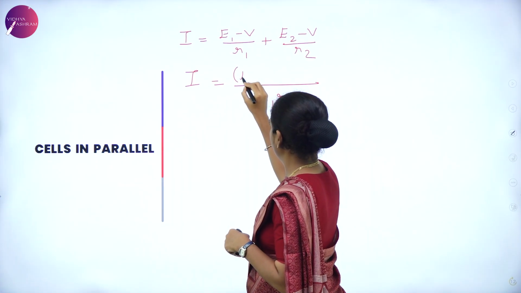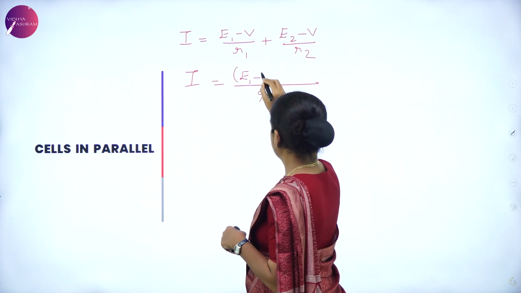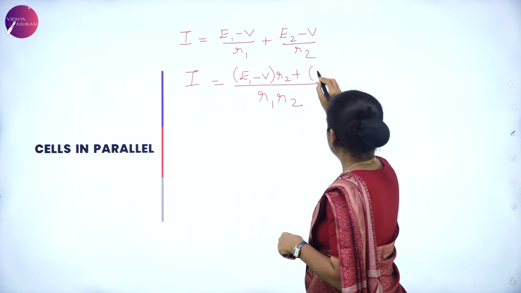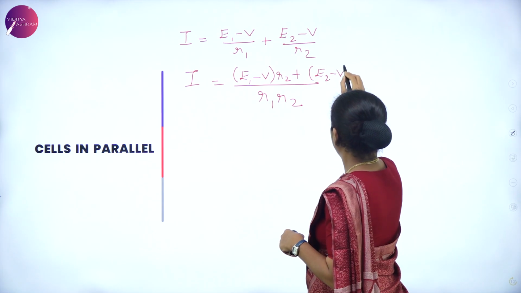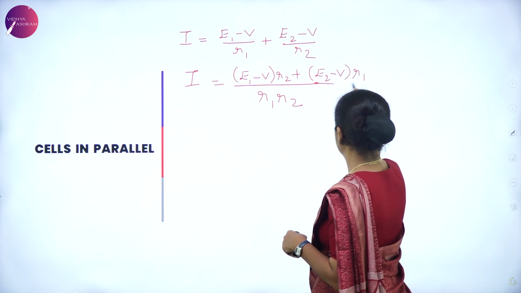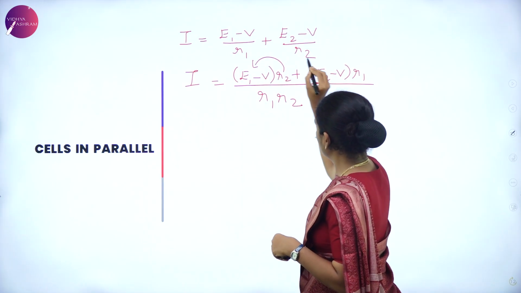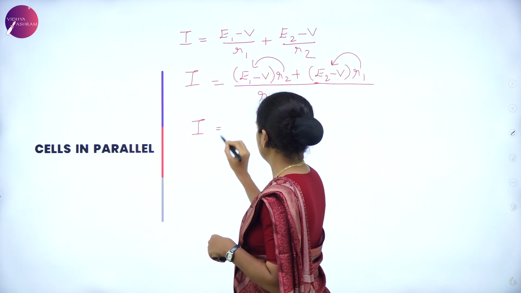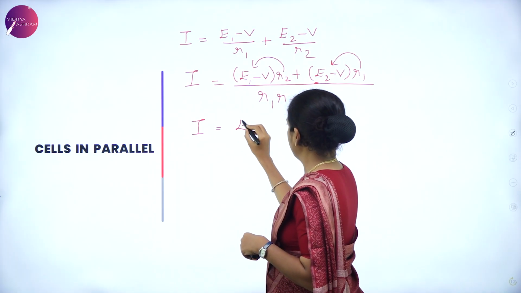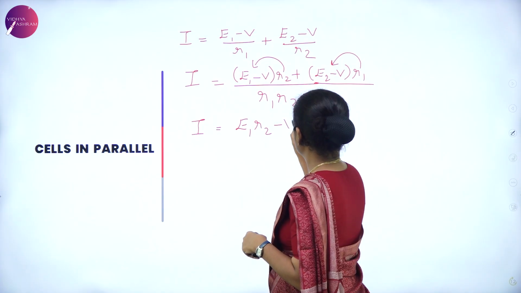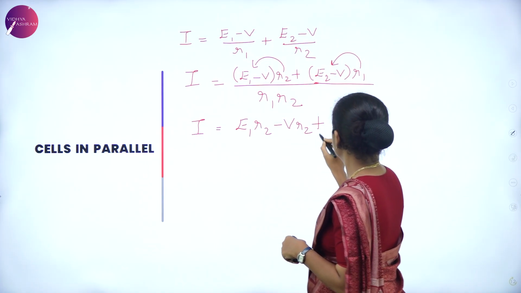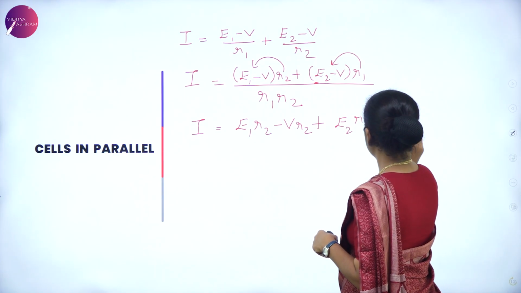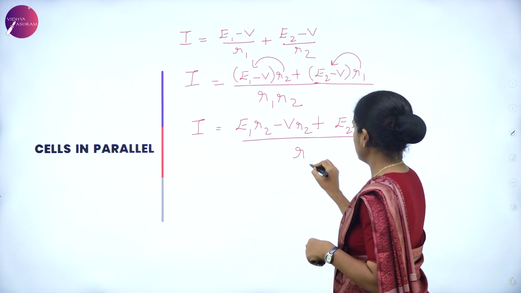Then in the numerator you have (E1 minus V) of R2 plus (E2 minus V) of R1. Multiply this R2 into the bracket, same way R1 into the bracket. Then I is equal to E1 R2 minus V R2 plus E2 R1 minus V R1 divided by R1 R2.